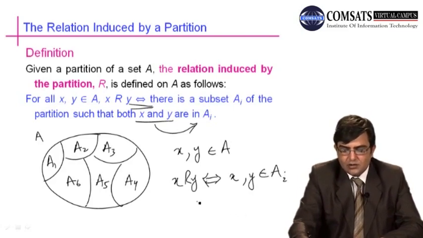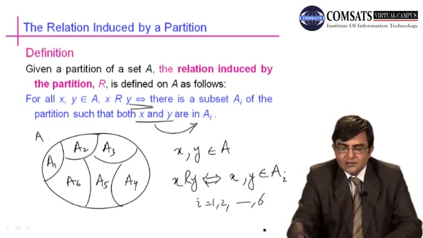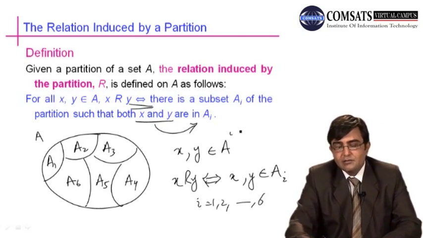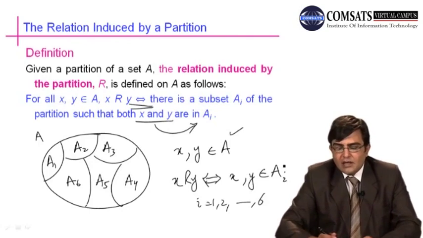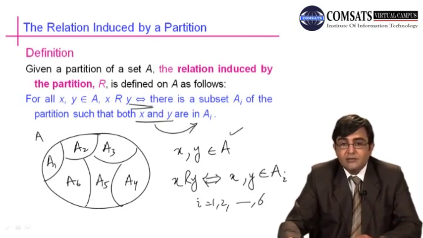Now what is i? i is 1, 2 to 6. i may be 1, 2, 3, 4, 5, 6. So x and y, the elements of A, must be related with each other if x, y both belong to the same set, for example A2, or it may be A4, any subset. So this is how we relate two elements in this relation on the partition.